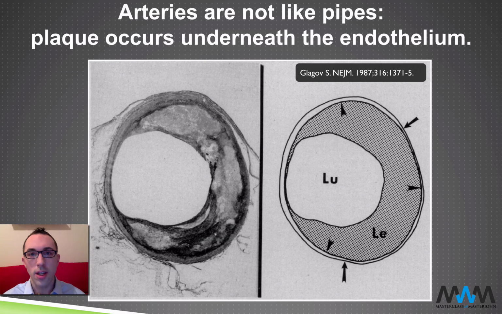It's in the tunica intima, and it is inside the blood vessel wall. These arrows are showing the pressure. The plaque is putting pressure outward into the rest of the blood vessel wall, and the surrounding tissue is putting pressure back this way.